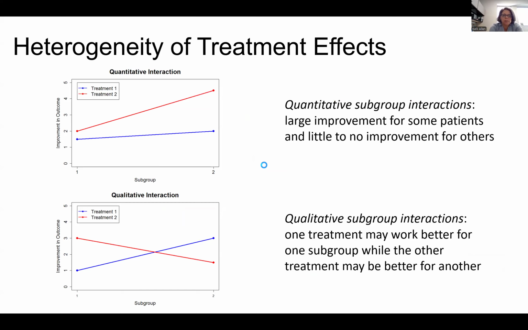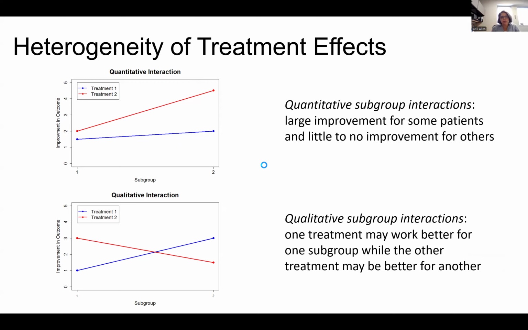There are a couple of different overall categories we think about with HTE. The one on the top I'm showing is something called a quantitative interaction. So here, there is large improvement in response to treatment for some patients and little improvement for others. So if you look at subgroups 1 and 2 and the different treatments, they both have a similar response to treatment 1, but for treatment 2, subgroup 2 has a higher response.